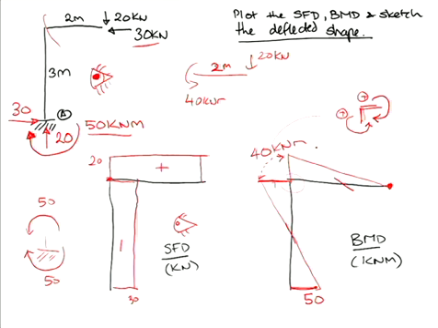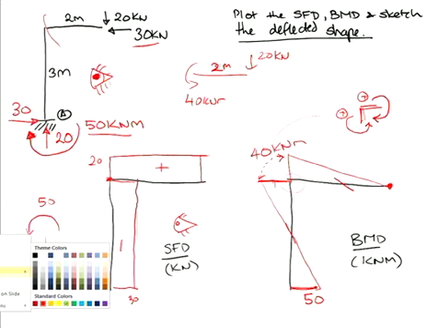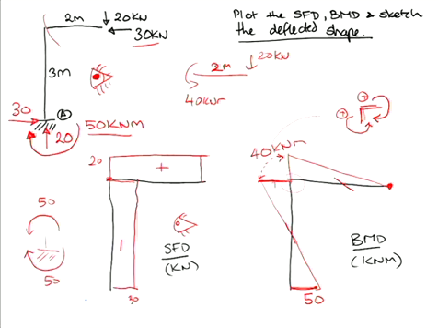So now, based on that, we can attempt to draw a deflected shape. Have a go at the deflected shape. Now, in saying have a go, you know which side of the beam is in tension.